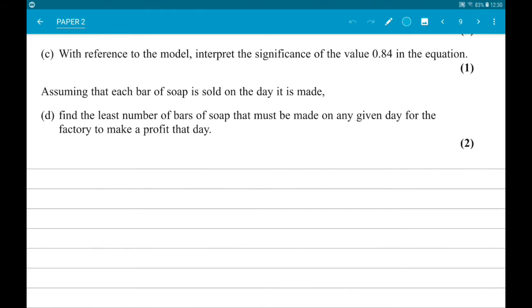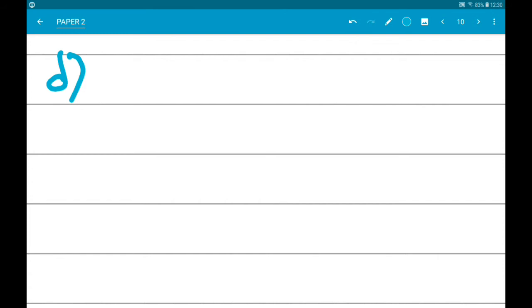And the final part, assuming that each bar is sold on the day it's made, find the least number of bars they need to make on any given day so that they make a profit. Alright, so we know the money made is 2x. And the cost is 0.84x add 428.